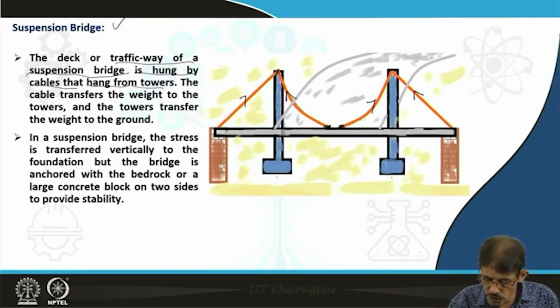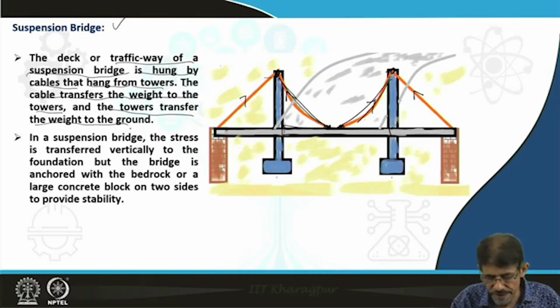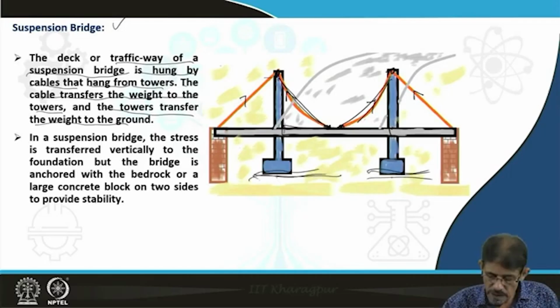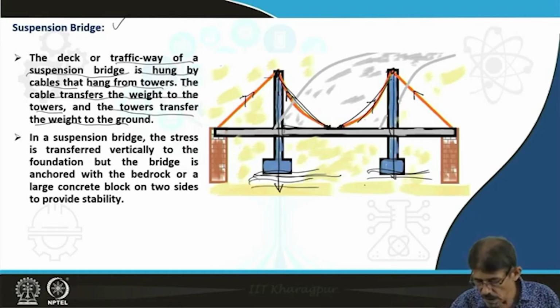This whole structure is hung with these cables, and the cable is finally attached to both towers. The cable transfers the weight to the towers, and the towers transfer the weight to the ground. This is under tension, this is under tension, so the compression load is transferred through this tower to the ground.